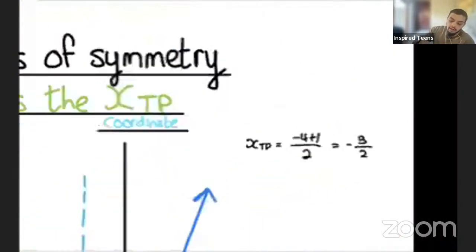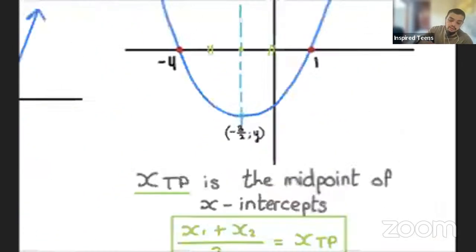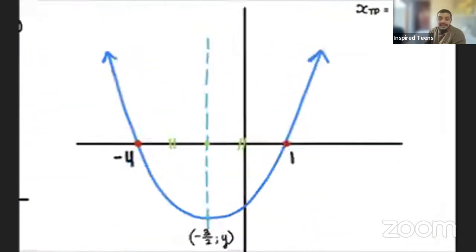Now for the axis of symmetry, we can discuss the equation of the axis of symmetry. The axis of symmetry is a vertical line, and it's not just any vertical line, it's the vertical line which is the x turning point. Again, it's a vertical line, and we have the x coordinate of that vertical line.